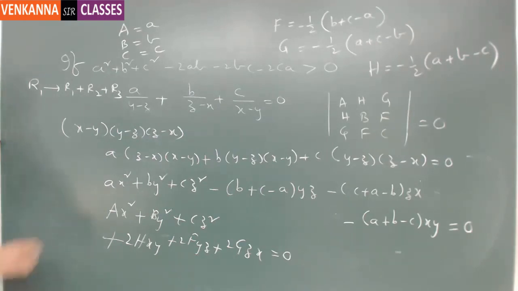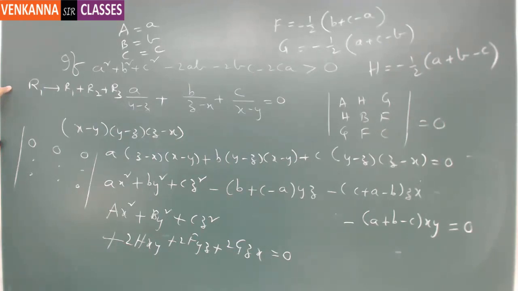So what happens? The first row will tend to 0, 0, 0. Second row and third row will remain as it is. You can simply check with your observation. So after substituting the values in the determinant, you can easily verify that. Are we able to make the first row as 0 or not?